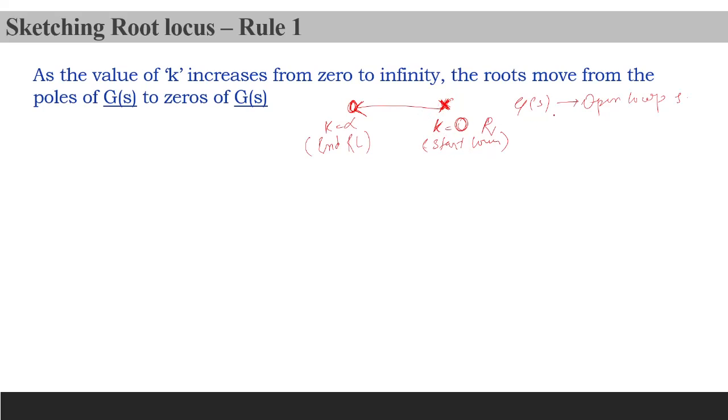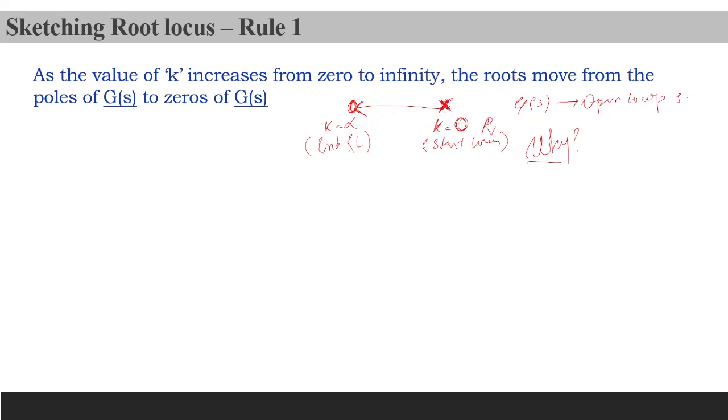So the question is why, right? I'm saying this, but let's say you don't trust me. All of the next explanation is to defend why we should draw the root locus from poles to zeros. We will discuss why we are going to do that.